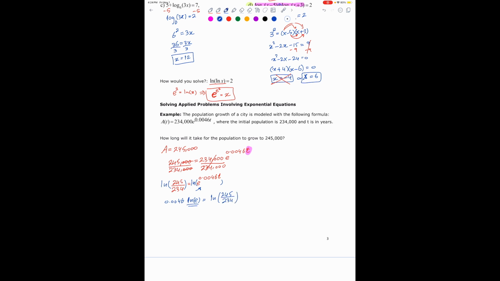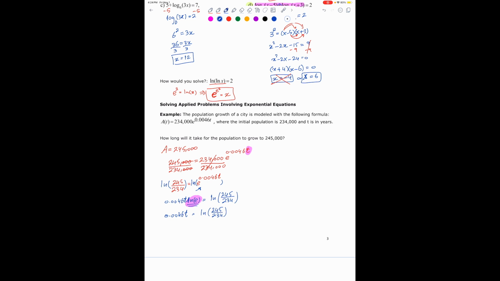I just flipped the sides, so I began with what I know first. Now, because this is going to cancel out and it's going to be 1, I will have on this side, I forgot the t by the way, 0.0046t, which was the exponent, equals natural logarithm of 245 divided by 234.